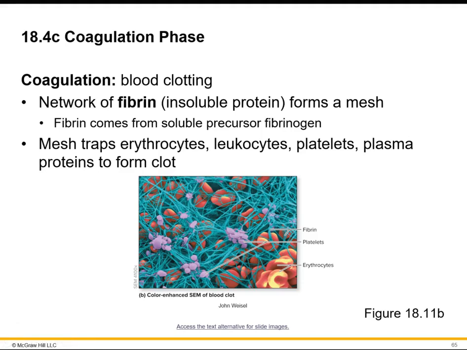So what happens here is a network of fibrin, which is an insoluble protein, forms a mesh over that damaged area. Now, fibrin is going to come from a soluble precursor protein called fibrinogen. When it forms a mesh, it's going to entrap red blood cells, white blood cells, platelets, plasma proteins, and it's going to form a clot.